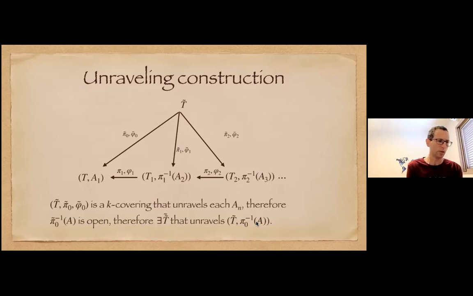The inverse image of A_n is a closed and open set. And why is that? You just follow this diagram. So at some point, if you go from left to right, at some point you see that the set.